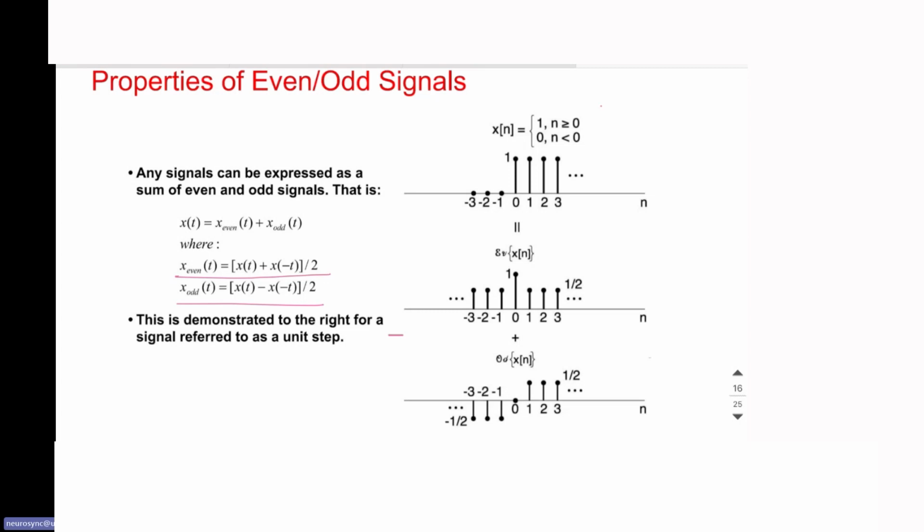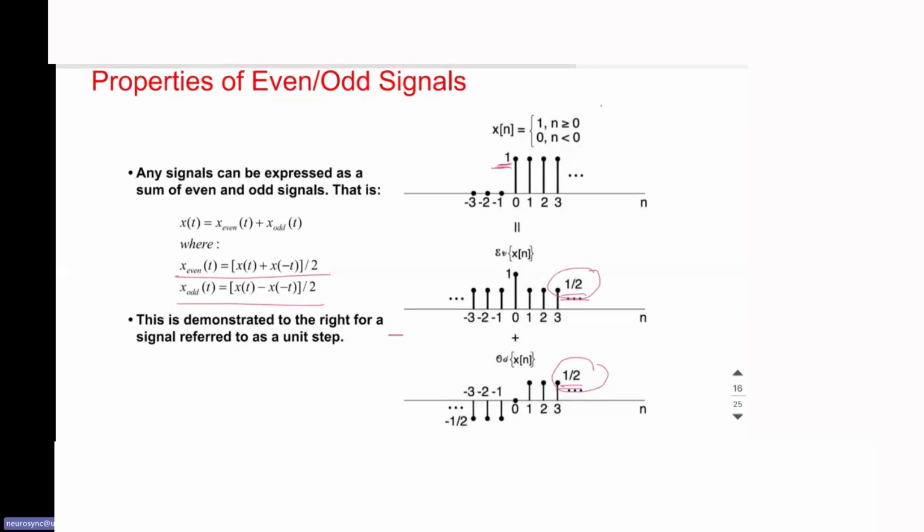Here you have to see this is amplitude 1, but in the even signal you can see the amplitude is half. Please carefully see the representation. The even signal is with amplitude half, the odd signal is also having amplitude half, and the real signal is having amplitude 1.